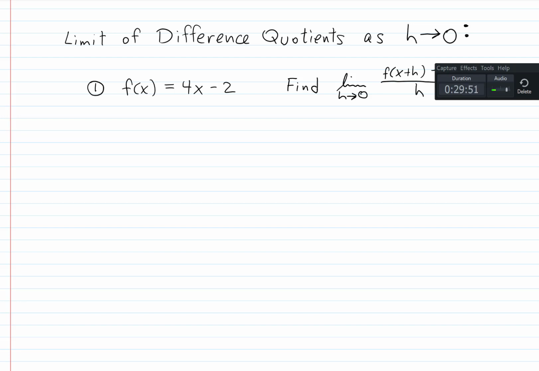You might say, well, wait a minute, is it okay to let the denominator go to 0? You can't have 0 in the denominator. But that's the key. Remember, this is a limit as h is approaching 0. I'm not saying h equals 0. So the limit might be able to be done. It all depends. Just because there's an h in the denominator and h is approaching 0 does not necessarily mean that we're going to get 0 in the denominator. Okay, you'll see in just a second.